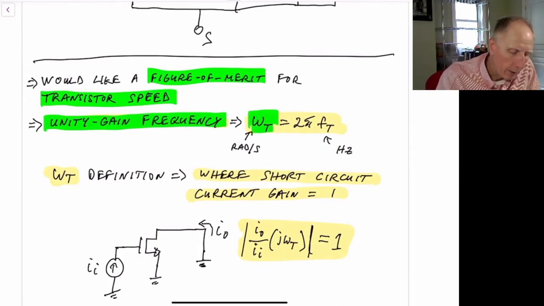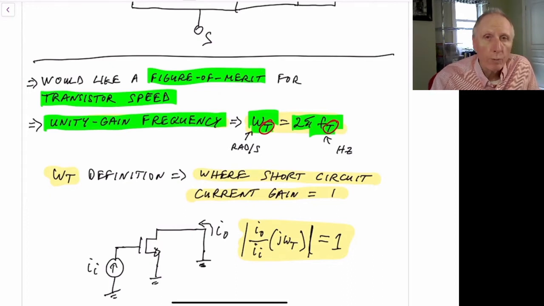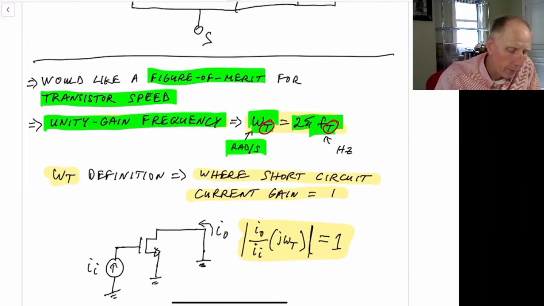And we'll define this to be omega sub capital T. So we're using a capital T here. And that will be equal to 2 pi f sub capital T down here. Those are because these are the unity gain frequencies for the transistor, not for the circuit itself. And omega T is in radians per second, and fT then will be in hertz.